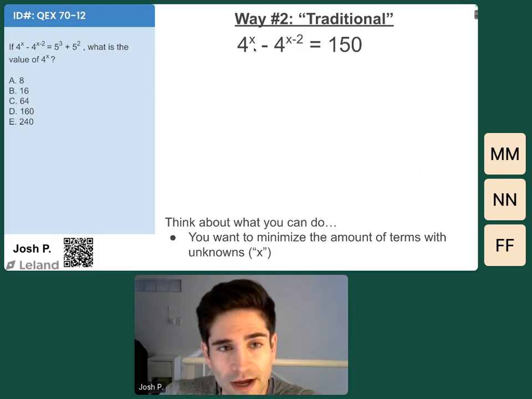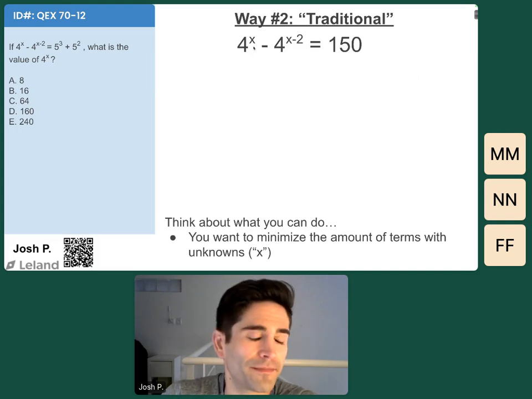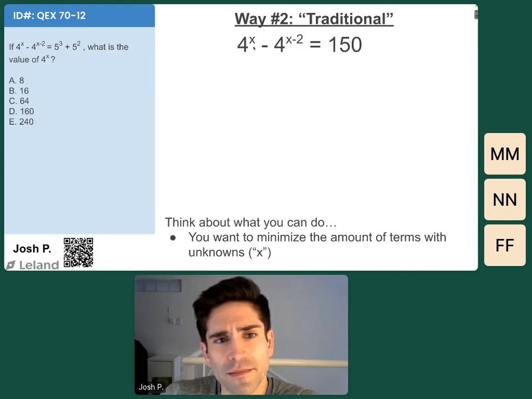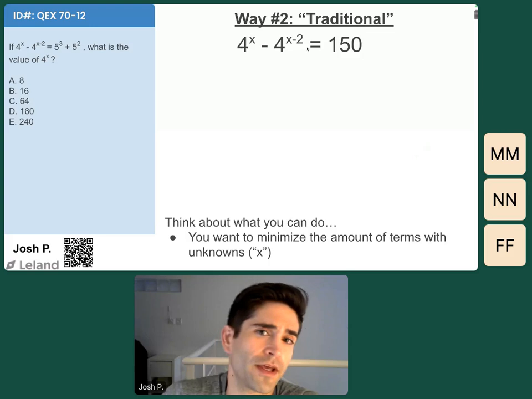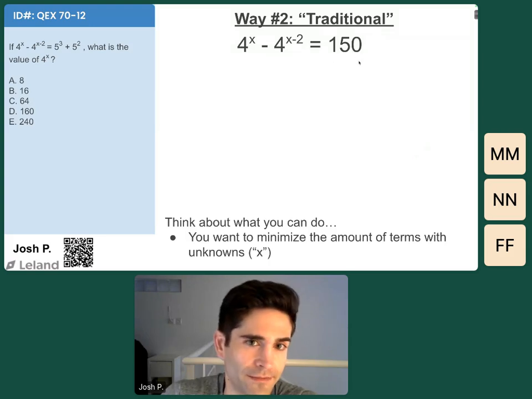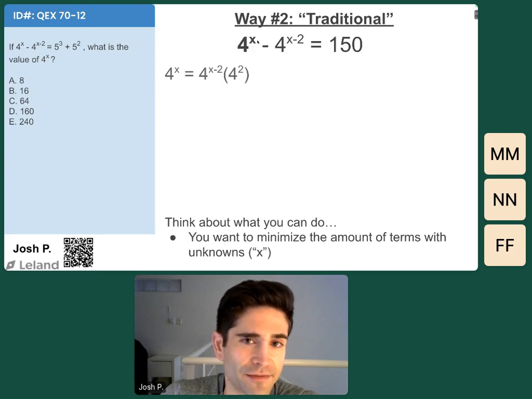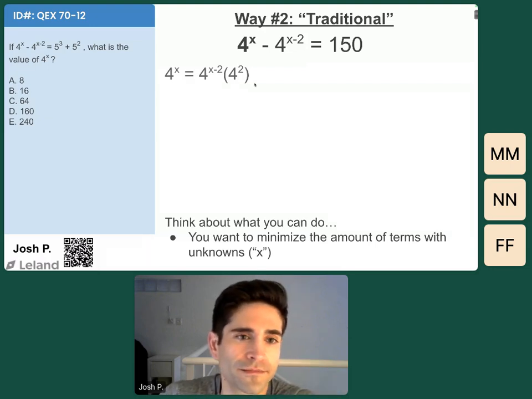So we go back and we rewind a bit to 4^x minus 4^(x-2) equals 150. Now I want to look at 4^x. 4^x is equal to 4^(x-2) times 4 squared. Great. So we have that.